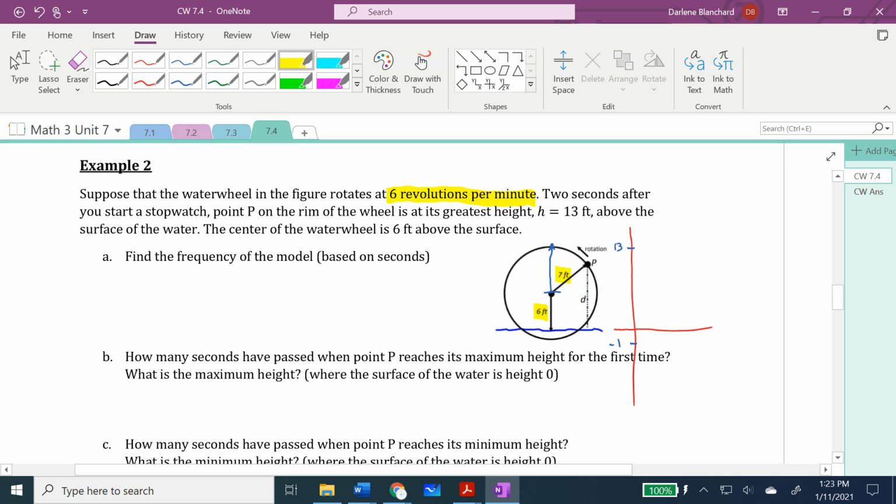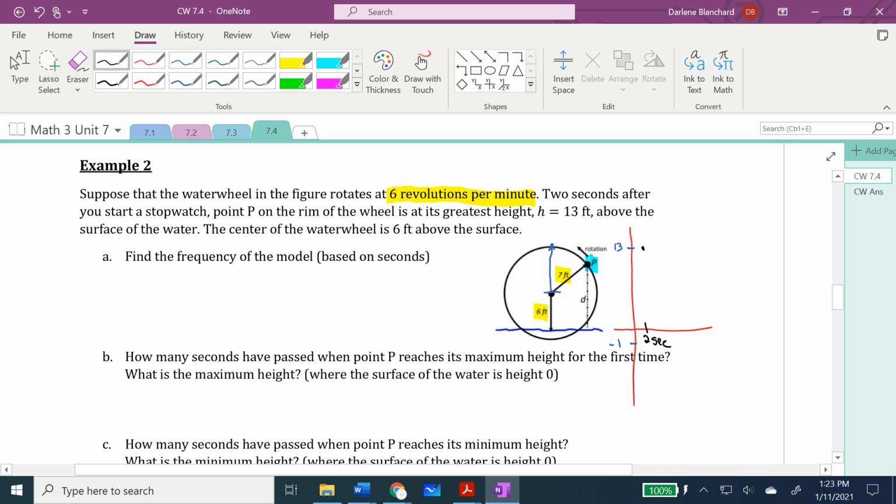Now, 2 seconds after you start a stopwatch, point P, here's P right here, point P on the rim of the wheel is at its greatest height of 13, but that's 2 seconds. Was it 2 seconds? Yes, 2 seconds in. And it is at its peak of 13.